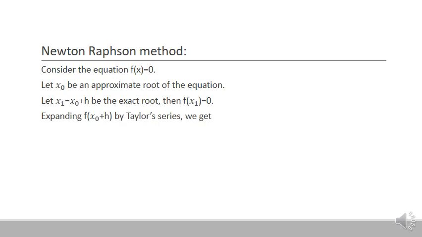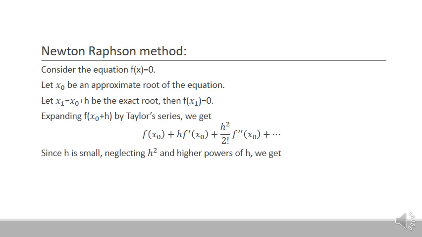Expand f(x1), that is f(x0 + h), by Taylor's series. We get f(x0) + h f'(x0) + h^2/2! f''(x0) + etc. Since h is small, we can neglect higher powers of h from the power 2 term, and we just retain only the first two terms, neglecting the terms from the third term, since we have powers of h as 2 and more.